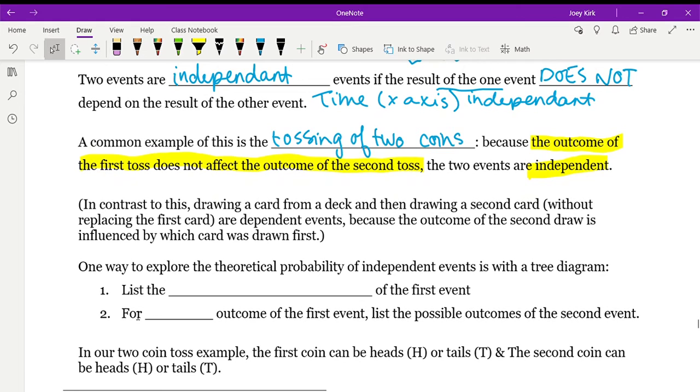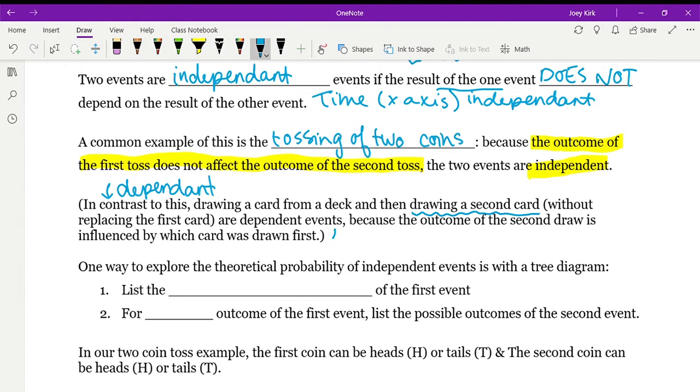But first, let me just give you an example. Compared to this, if we talk about a dependent event, that would be something like if you take a card out of a deck and then you don't put it back and then you pull out another card, pulling out the first card is going to affect which card you pull out second, right?